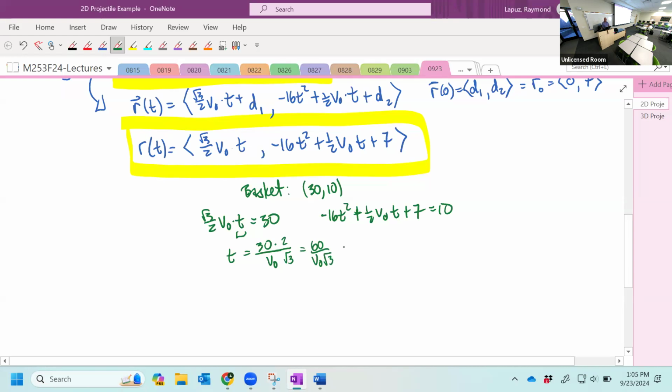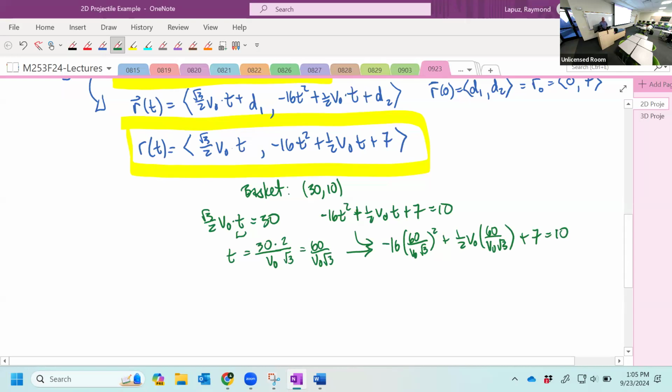Okay, let's plug that into the second equation. Negative 16 times 60 over v naught root 3, squared, plus 1/2 v naught times 60 over v naught root 3, plus 7 is equal to 10.